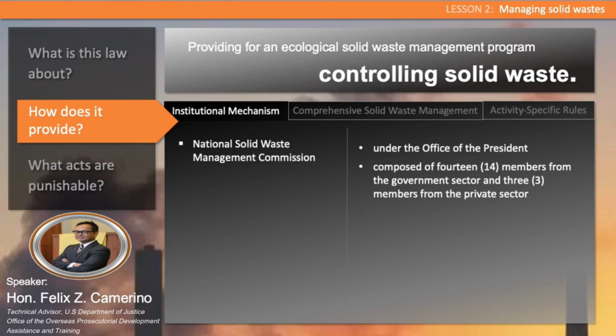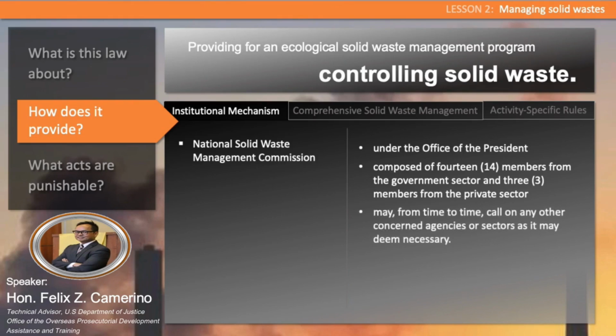Okay, so let's proceed. Let's take a look at what else is discussed here on the National Solid Waste Management Commission in terms of its organization. Okay, there's also a provision that allows it, as necessary from time to time, to call on other concerned agencies or sectors to partake in its efforts, again, as it may deem necessary, right?